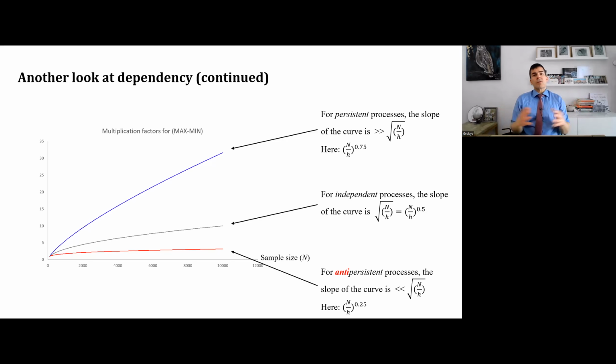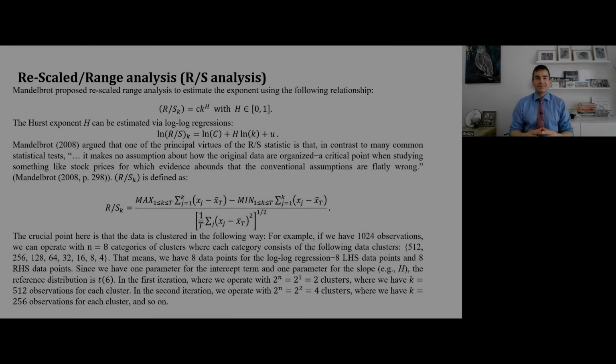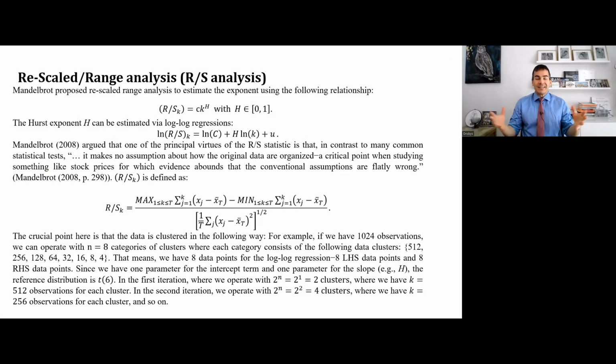The question is now, how can we model that? How can we estimate the slope of these curves in order to make forecasts? To estimate the slope of these curves, Mandelbrot proposed the so-called rescaled range analysis, which looks as follows.